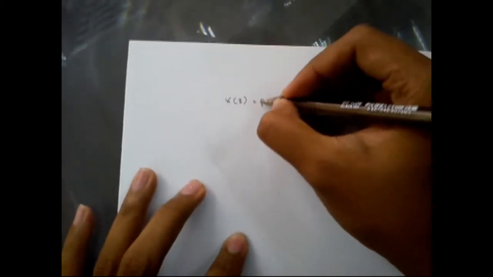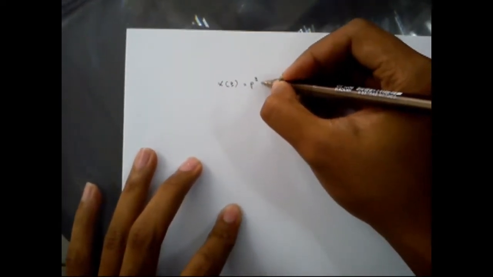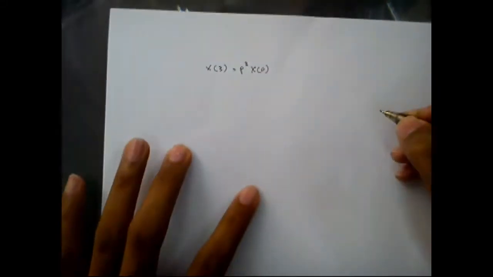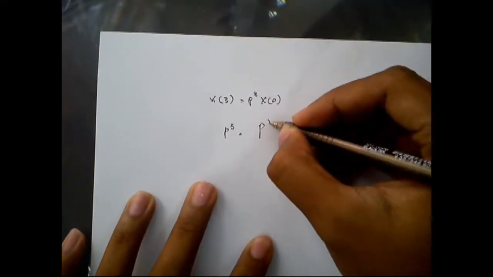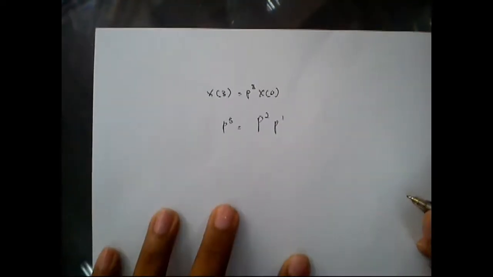So the answer is, we use the formula x3 equal to P to the power of 3 times x0, where P3 we get from P2 times P1.